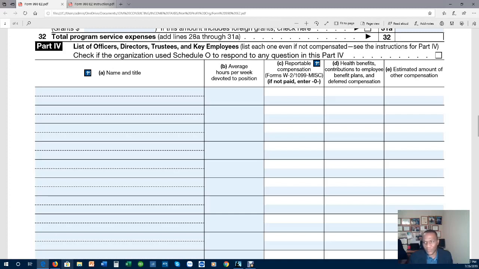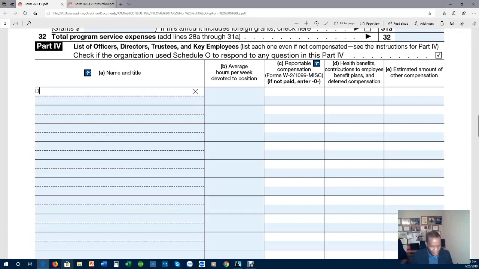See the instruction on Part 4, and then check if the organization used Schedule O to respond to any questions on this part. The organization will check this if any information in this part is supported by Schedule O. Basically, you'll enter the name and title of the employee.